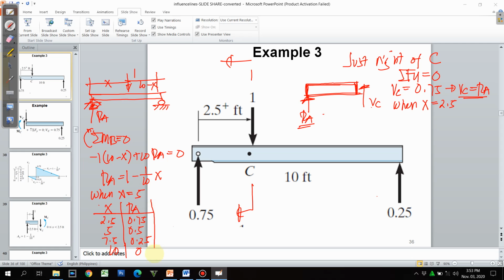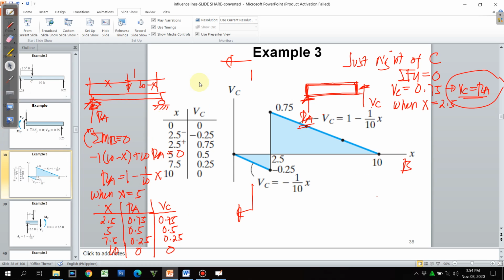So therefore, from C up to this point, say this is point B, this corresponds to the shear at C. So just right of 2.5, your RA is equal to the shear at C. So we'll have to copy whatever the value of RA, because VC is equal to RA just right of C. So finally, this is the result.